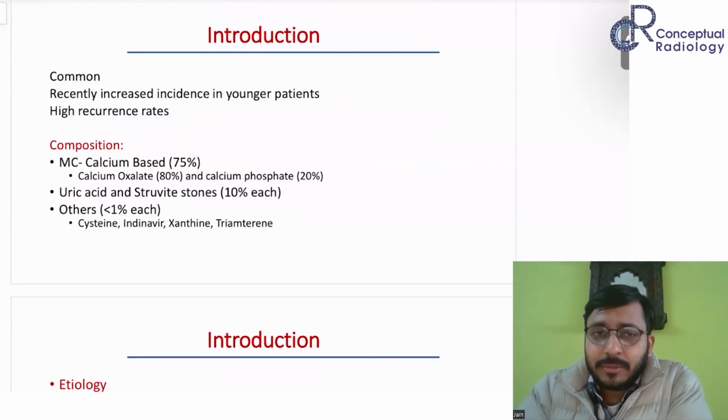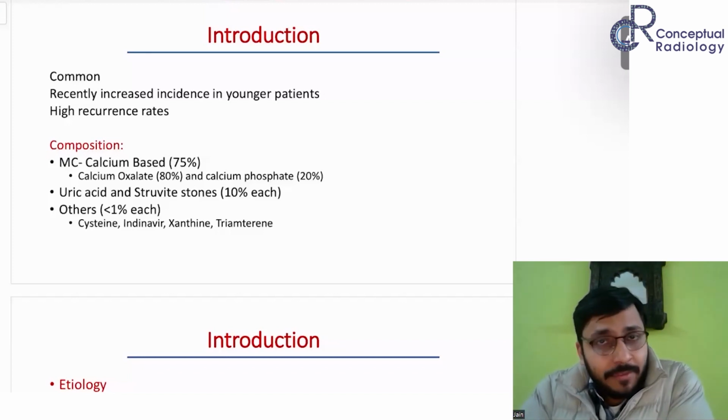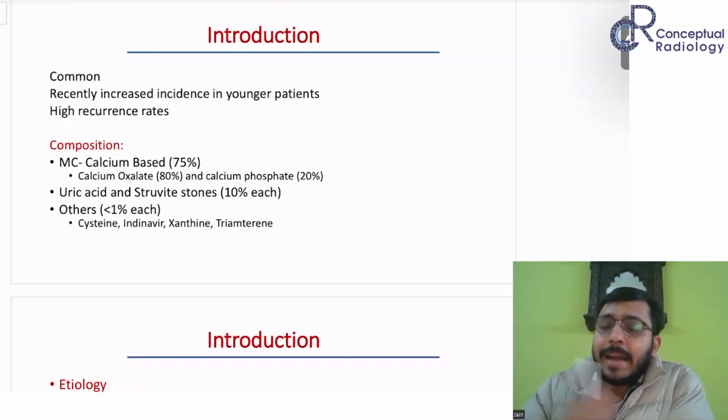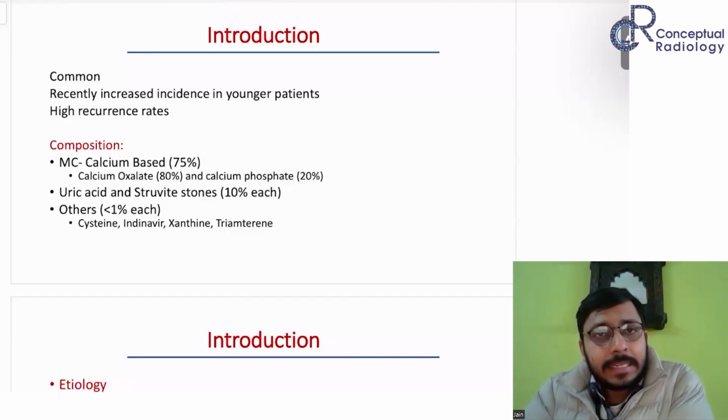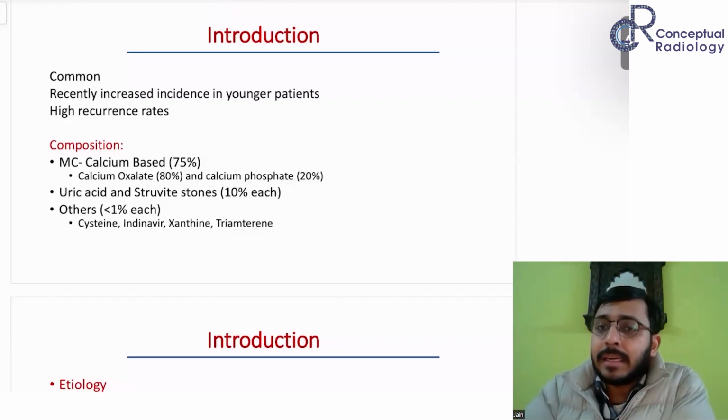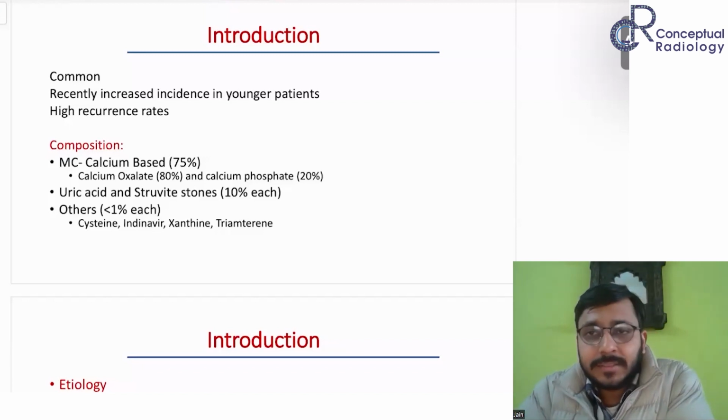It is high in calcium, so that gets precipitated in our kidneys. Secondly, the disease is very important because it has a high recurrence rate. Even patients who have undergone PCNL have some residual stones or even recurrent stones, because it is actually a medical disease now, not a surgical disease per se.